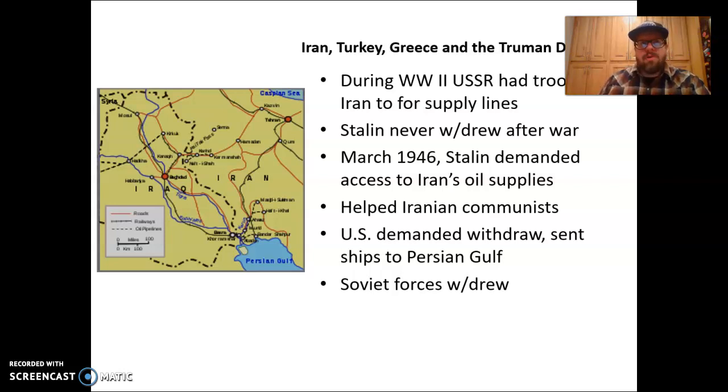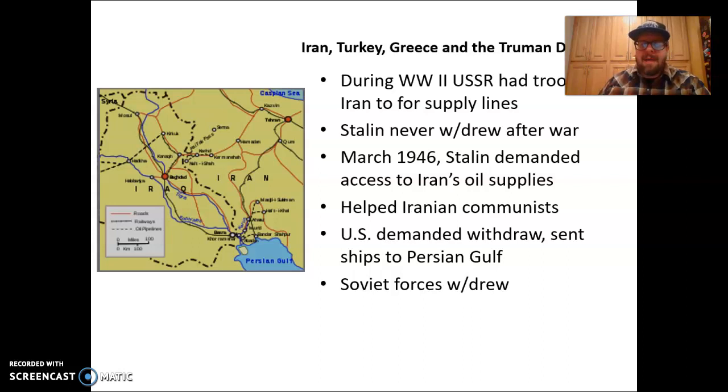And so in order to get that access, there were communists that lived in Iran that would want Iran to be a communist country. And so Stalin then turned around and started helping those Iranian communists to try to overturn the government of Iran in order to establish a communist government that would be friendly with the Soviet Union.